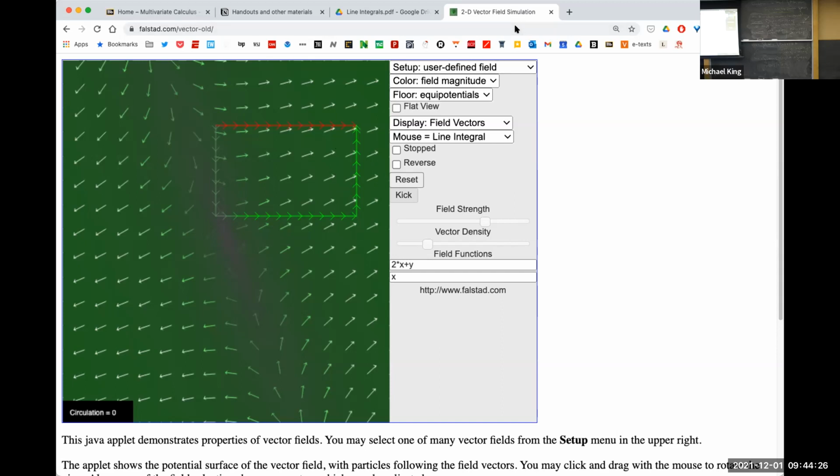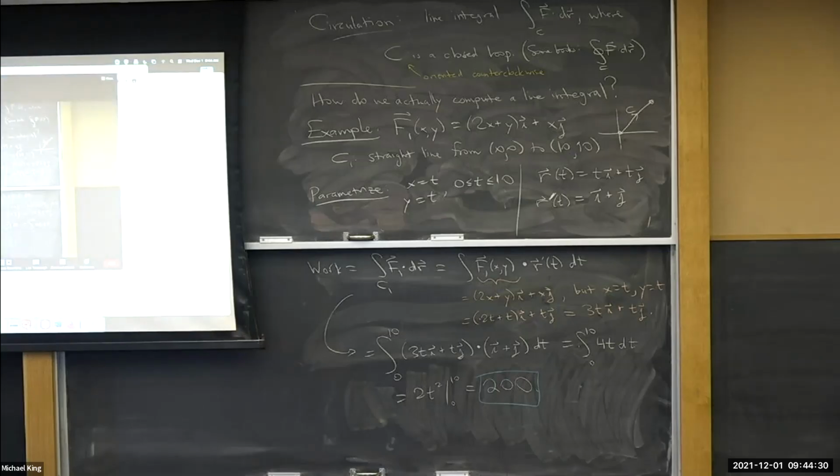So we know how to compute a line integral. Let's go back to this. These are basically the steps of how you do this. You write down a parameterization for the path. You write down what you get when you plug the parameterization into the field.